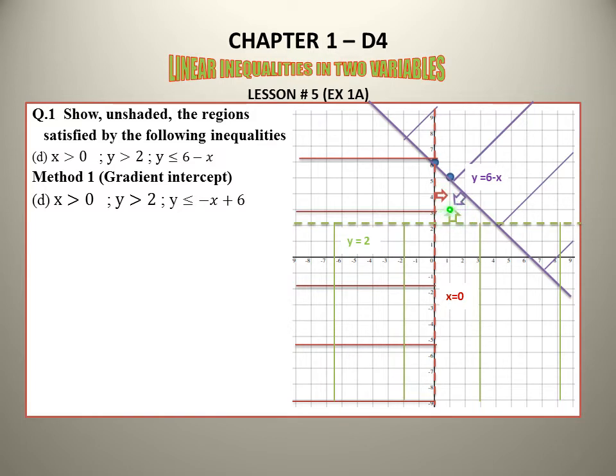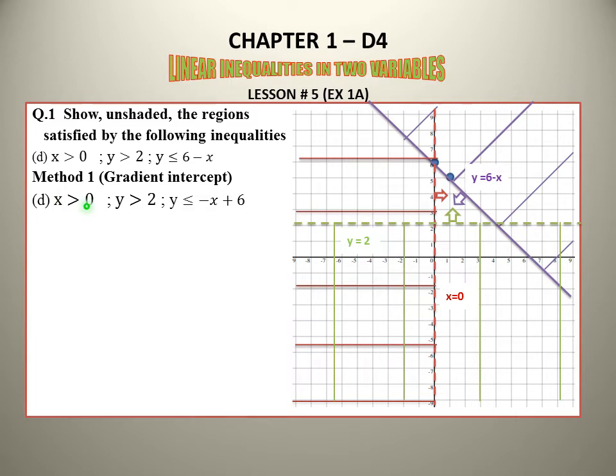Now you can take any point in this region and put the values of x and y in these inequalities and check whether the statements are true or not. Look at this. If I take this point, the coordinates are x is equal to 2 and y is equal to 3. Putting x is equal to 2 here, 2 is greater than 0.